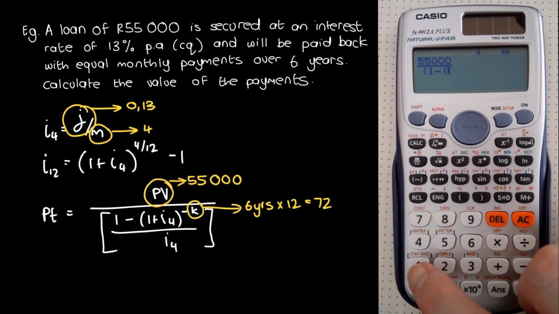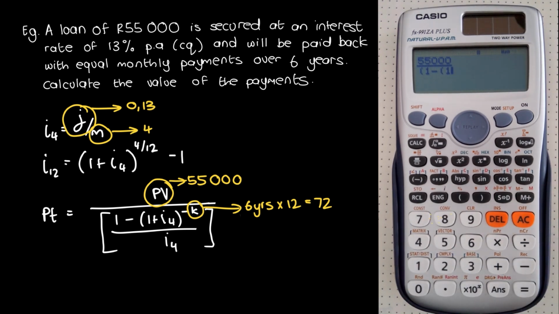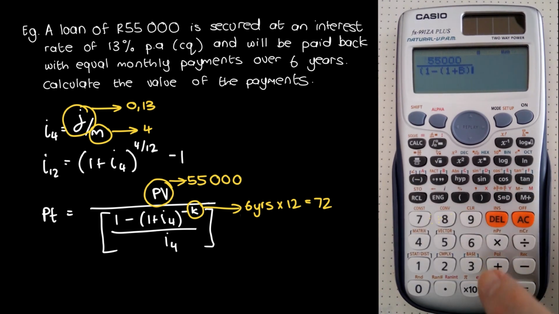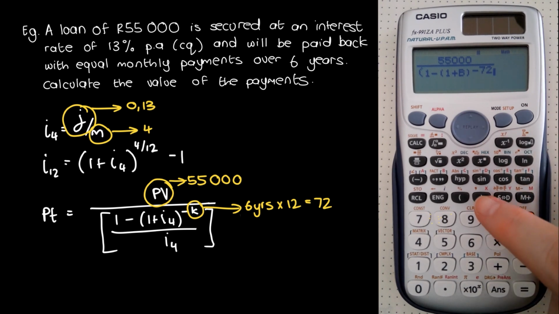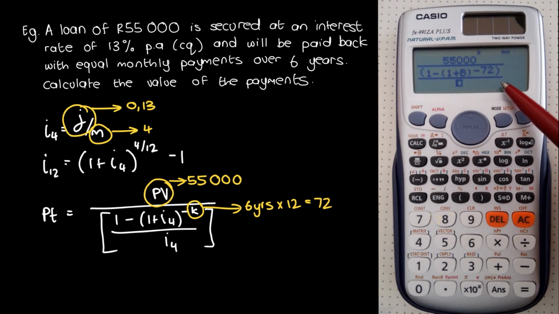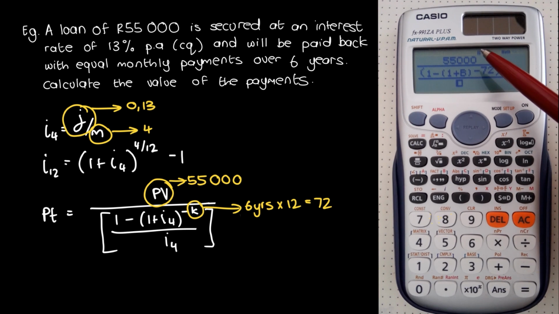Then we're going to have 1 plus recall B close brackets to the power of minus 72. Then we're going to close our brackets and then say divided by. Now you see the whole thing is over, so it's looking like your formula. If you didn't have the brackets there, it would have just taken the last piece as over. So just be careful about that and make sure your brackets are accurate.